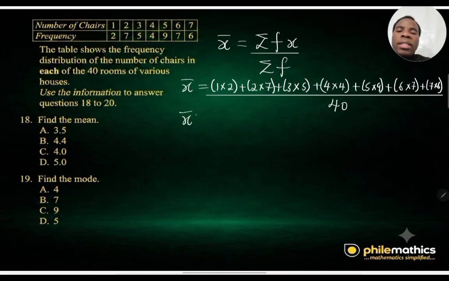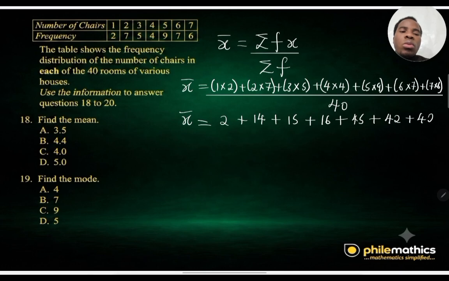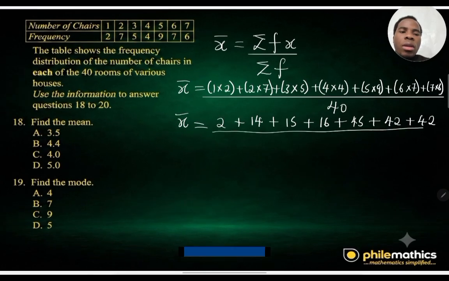If we multiply this, we have 2 plus 14 plus 15 plus 16 plus 45 plus 42 plus 42 over 40.